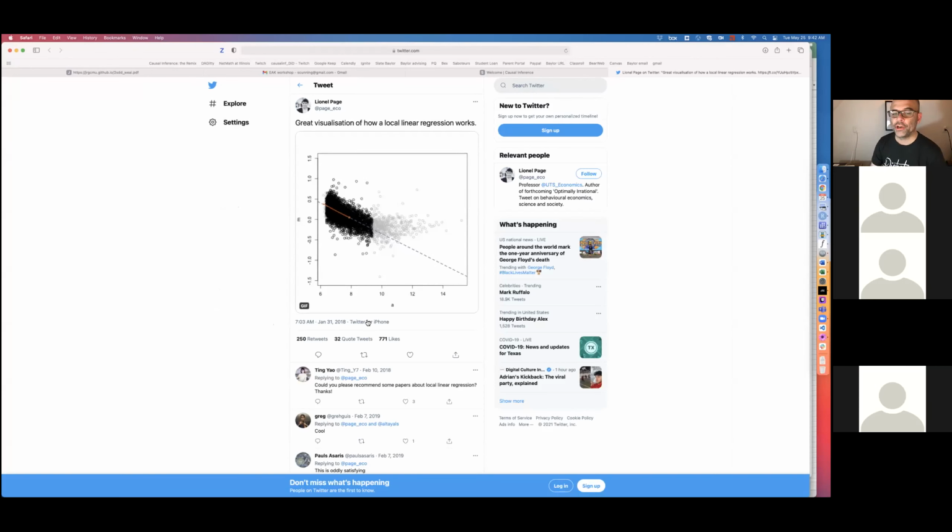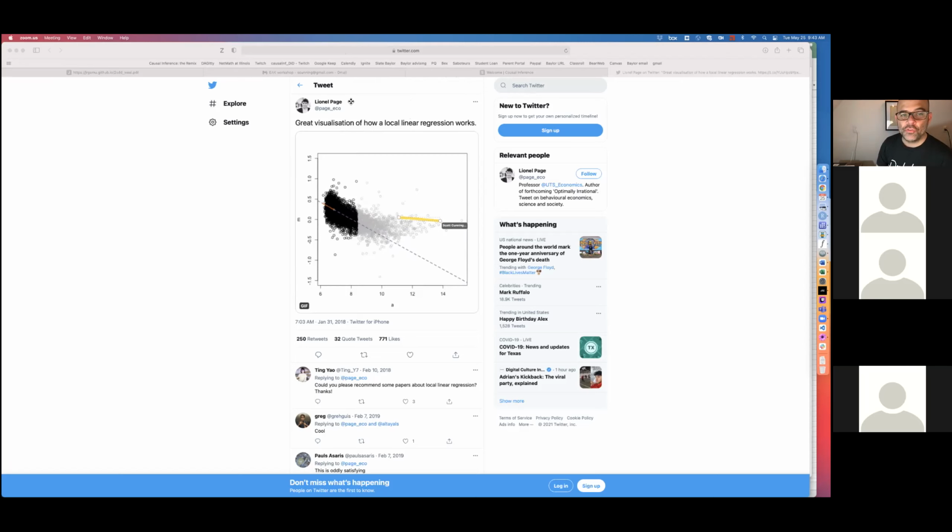So this is a local linear regression. And what you're basically doing with a local linear regression is fitting regressions using lots of data. Notice all the data that's being used, and you're fitting the lines through those data.